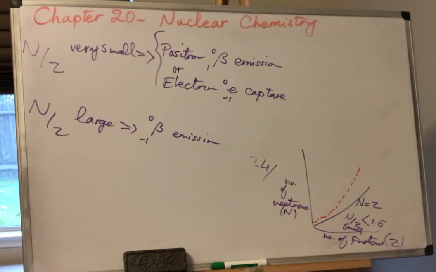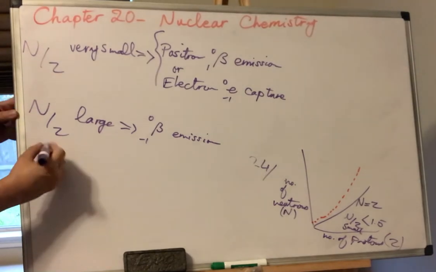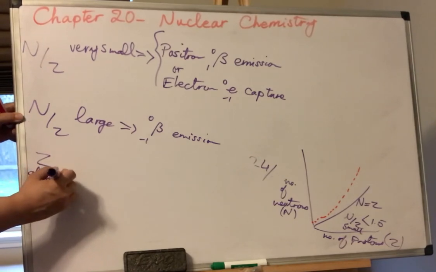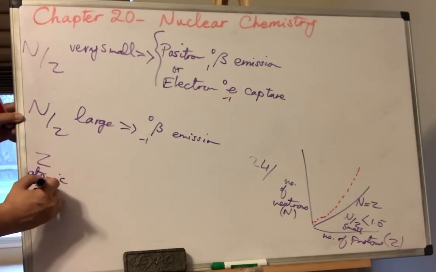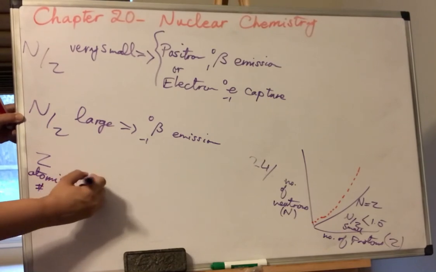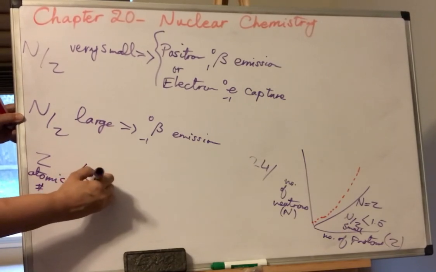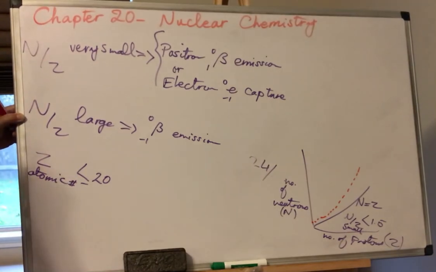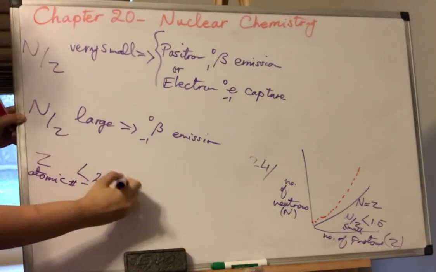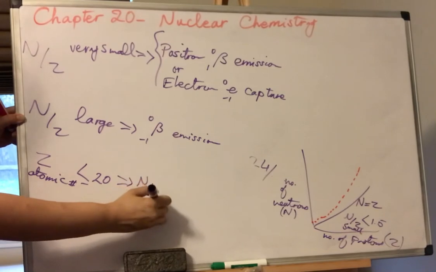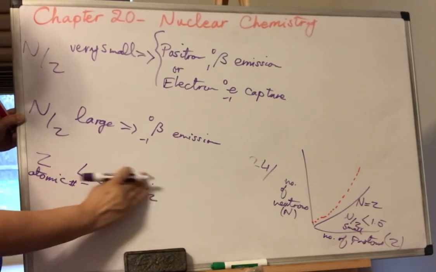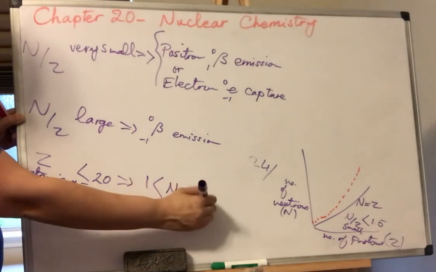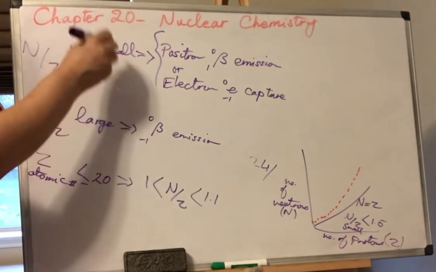When the atomic number Z is smaller than or equal to 20, then the ratio of neutrons to protons is between 1 and 1.1, which is small.